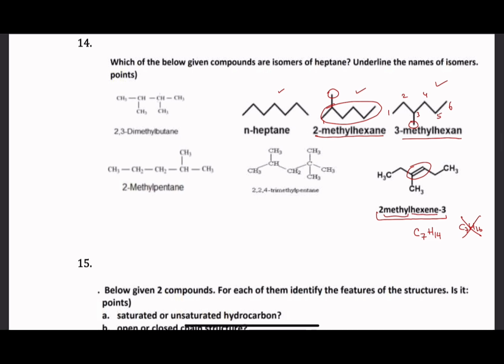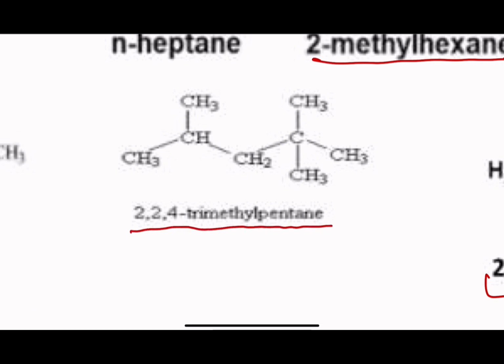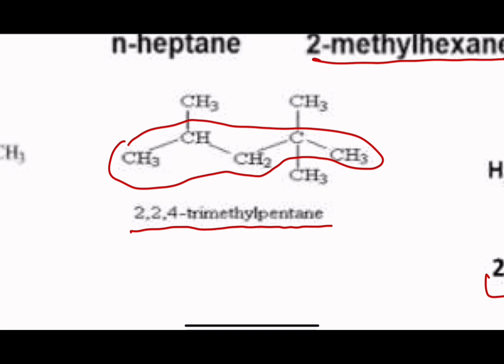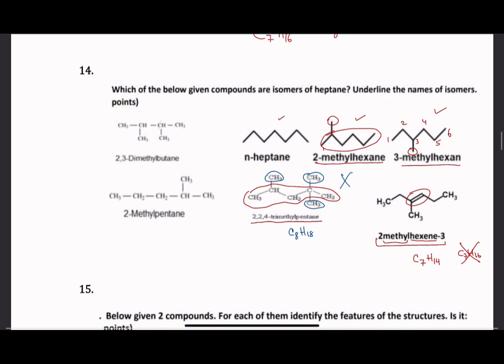Okay, so in here now we have 2,2,4,3-methylpentane. Now the main chain has 5 carbons and 3 on the branches. Altogether, as you see, we got 8 carbons, C8, and because it's an alkane, it is C8H18, which is not an isomer.